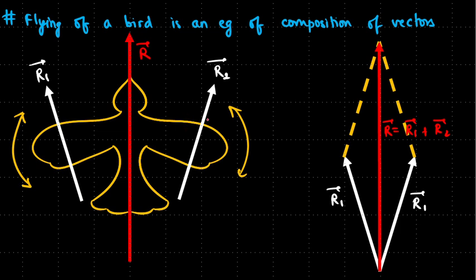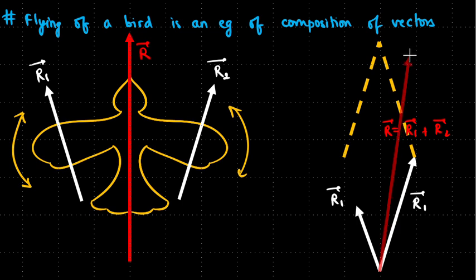Obviously, if this bird does not use its full power in this wing, suppose it uses only this much power, because it can use different powers, since if it wants to move left or right, it will move this vector to a different direction. It will change the parallelogram, so if I move it like this, then the vector will look something like that.